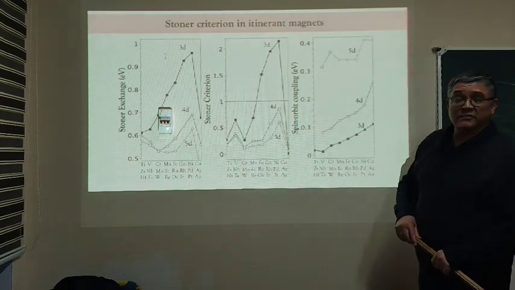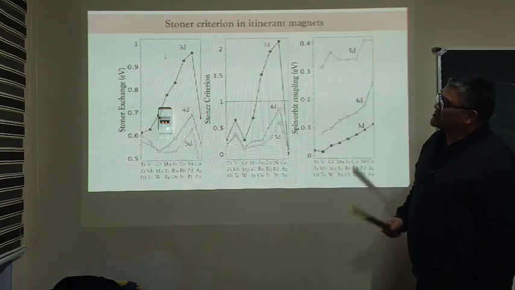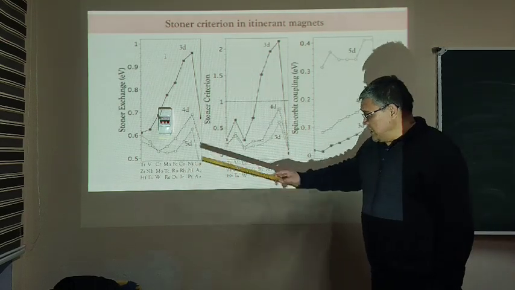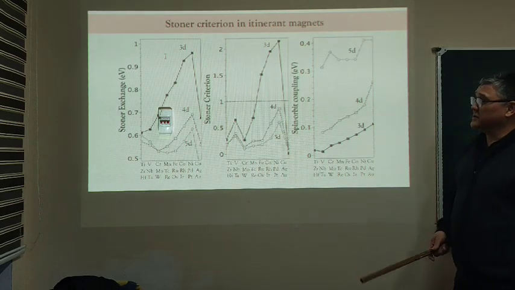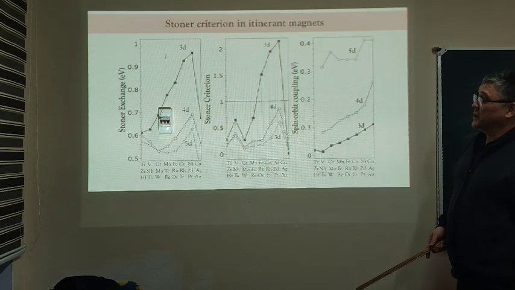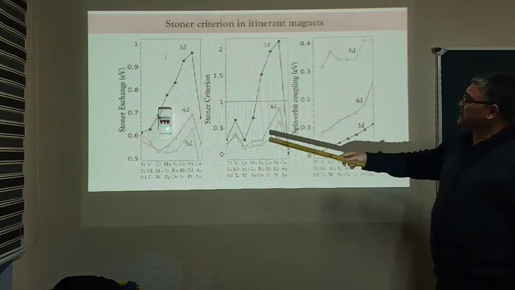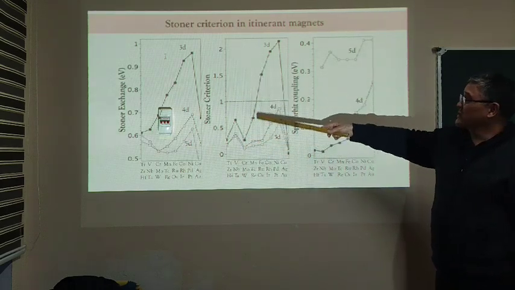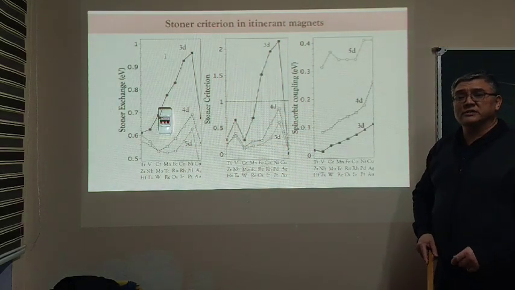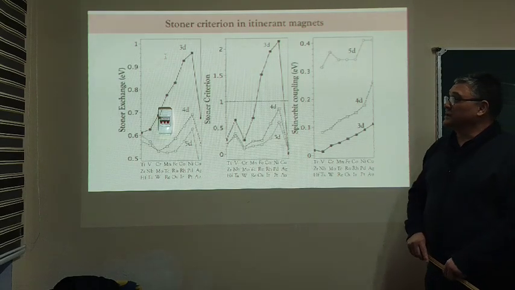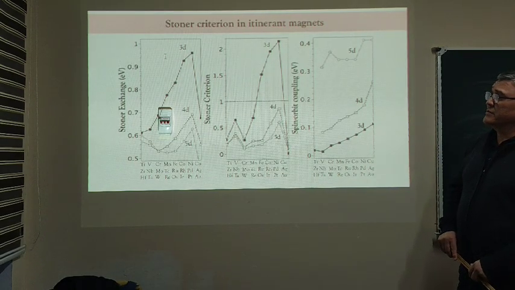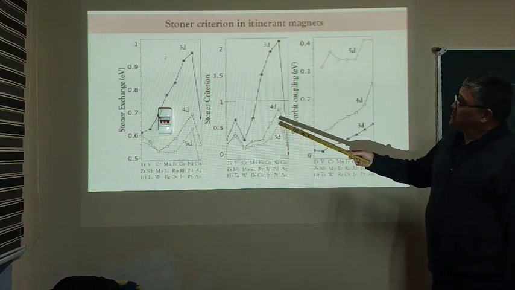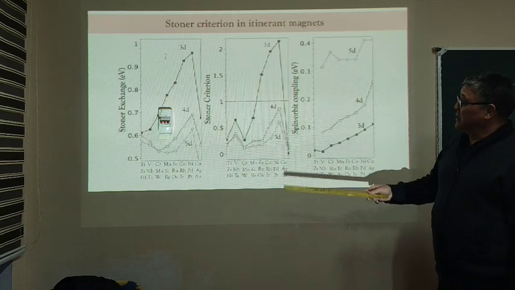So 4D and 5D just follow the same pattern, whereas in the case of 3D elements, we have a very large increase up to the nickel atom, and then a sudden decrease from nickel to copper. Now, if you look at the second graph, on the y-axis we have the Stoner criterion. The Stoner criterion is just the number of states at Fermi energy times this U, the Stoner exchange, the value of the integral.